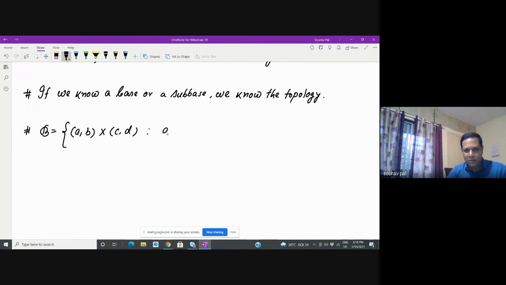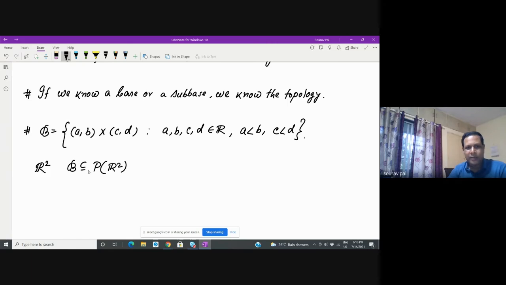A, B, C, D are all real numbers, A less than B and C less than D. If I declare this, of course, this is a subcollection of the power set of R2, right? So if we talk about the power set of R2, then this beta is a subcollection of that, undoubtedly.